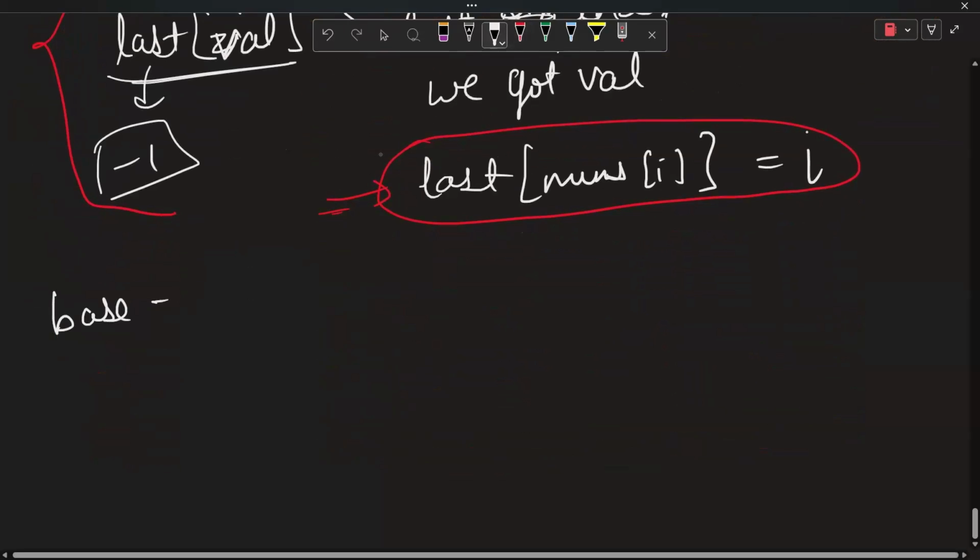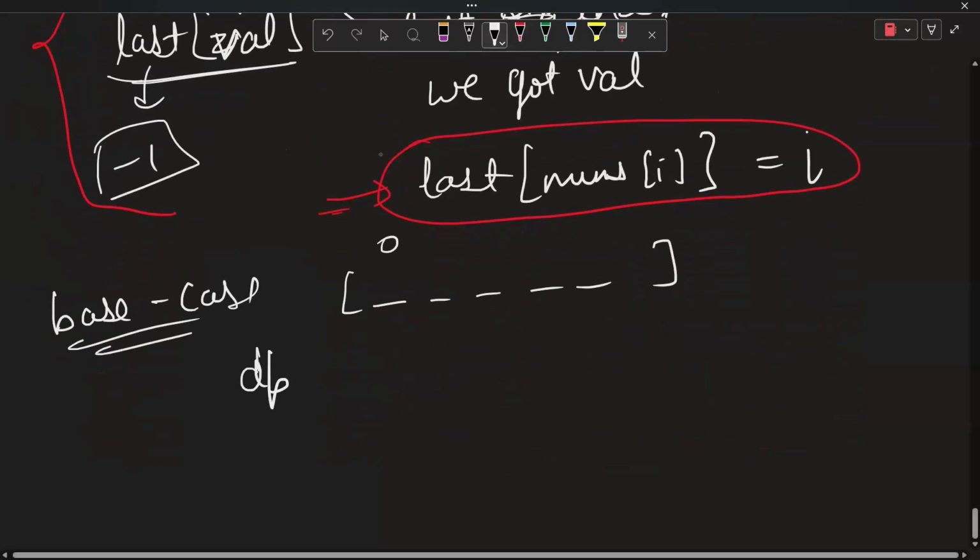So what would our base case be for the transition? We have an array. For the 0th index, let's say we have a value x here. So what would my DP states for this 0th value be? Basically, you can even think before the 0th case.